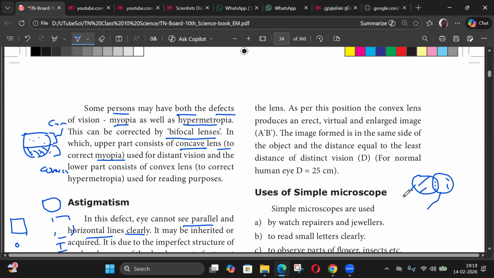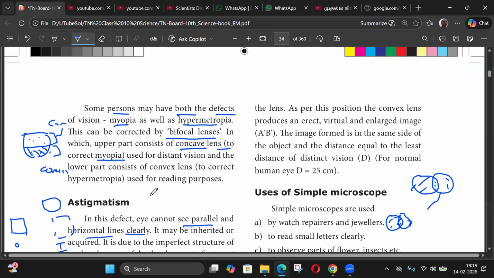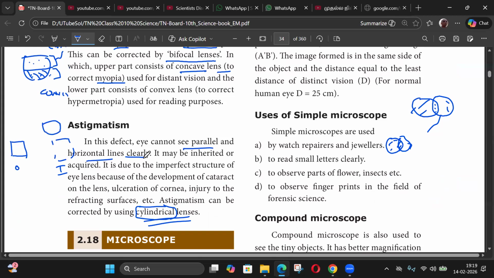Similarly, I can also have two intersecting cylinders and remove this part. This gives me a convex lens, but a cylindrical convex lens. For correcting this we need a cylindrical lens. A normal lens is a spherical lens by default. Again, it's a theoretical thing only, so you just have to remember this.